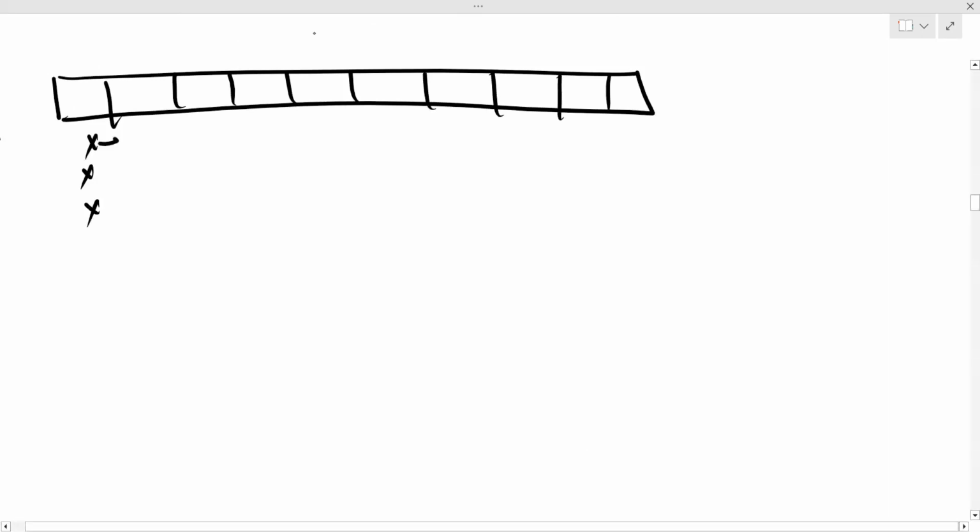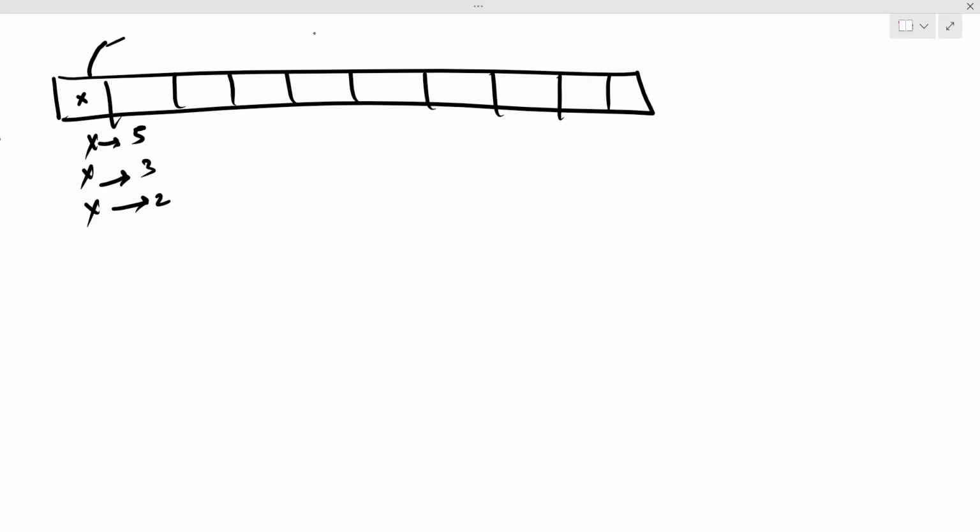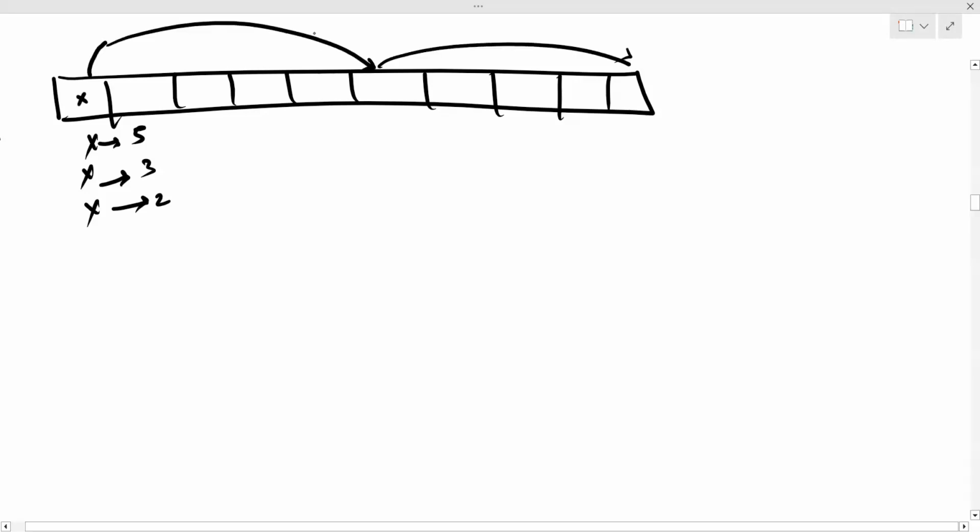The hop length for this frog is 5, for this it's 3, and for this it's 2. So this frog is going to jump from this place to the 5th, 1, 2, 3, 4, 5, right? This way it will keep on going, and similarly this one will go from this, then this, then this. It will continue, right?